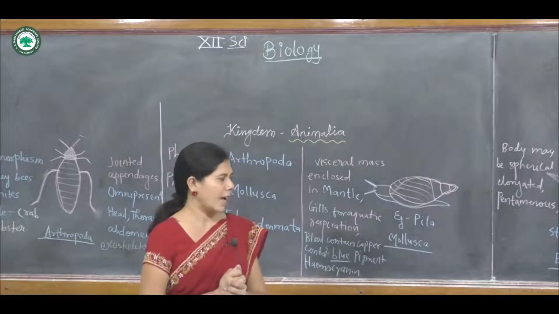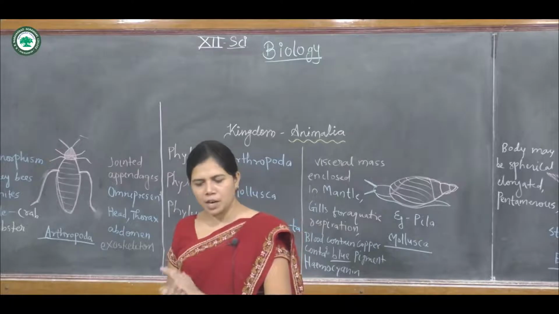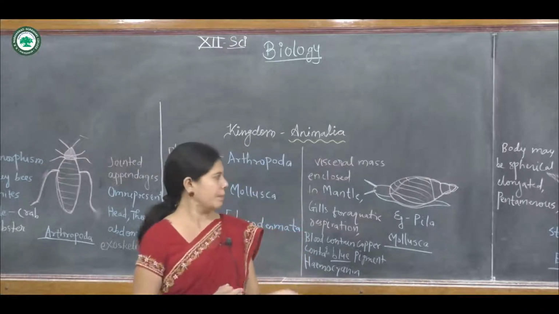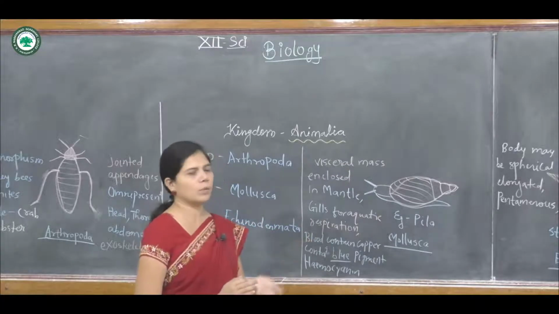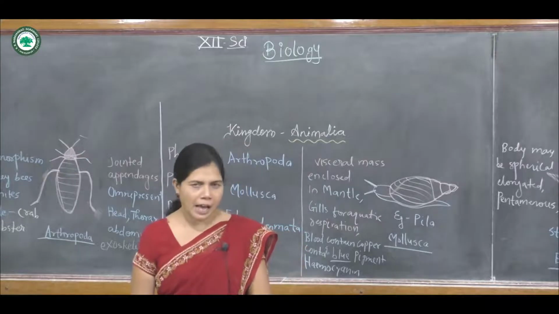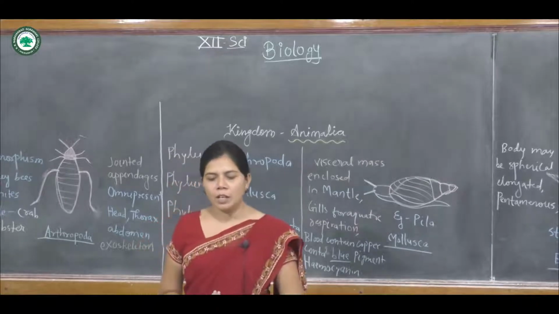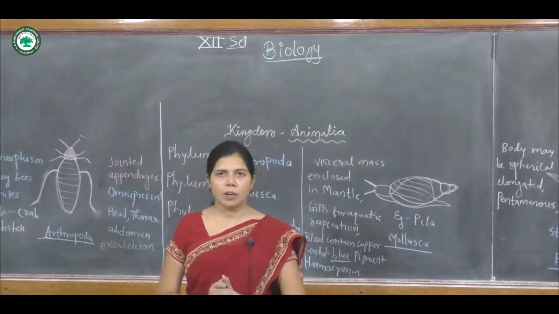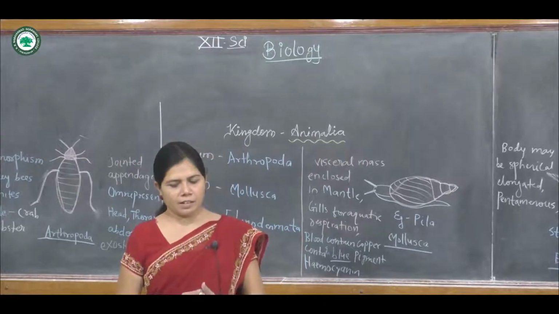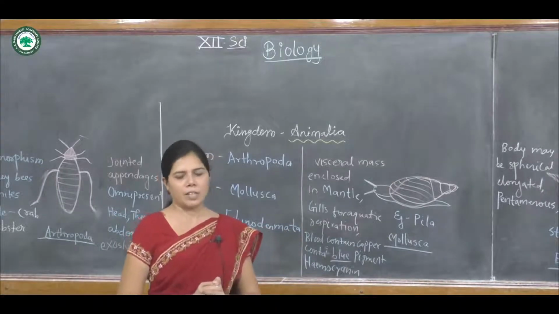The body has bilateral symmetry, but some animals are asymmetrical due to the presence of torsion or twisting. Most are bilaterally symmetrical.